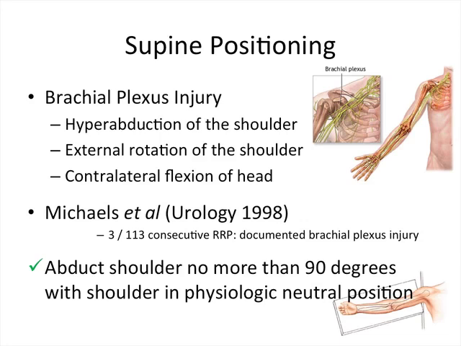This paper in 2009 looked at just over 100 patients, and they had 3 brachial nerve injuries. 3 out of 100, radical prostatectomy. Which is astounding. But it just goes to show that attention to positioning is important, because it could be this prevalent if we didn't take care as we do.